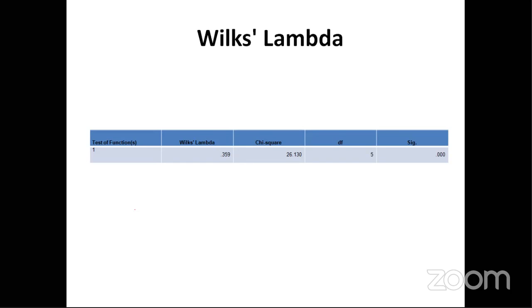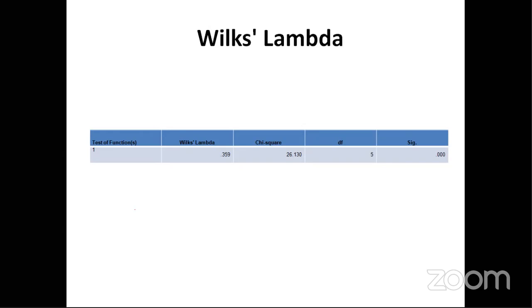So this is for the whole function, and it is very important to give the interpretation of this Wilks' lambda. Here you see this Wilks' lambda is significant. Why is it significant? Looking at the last column, we won't bother about the third and fourth columns.